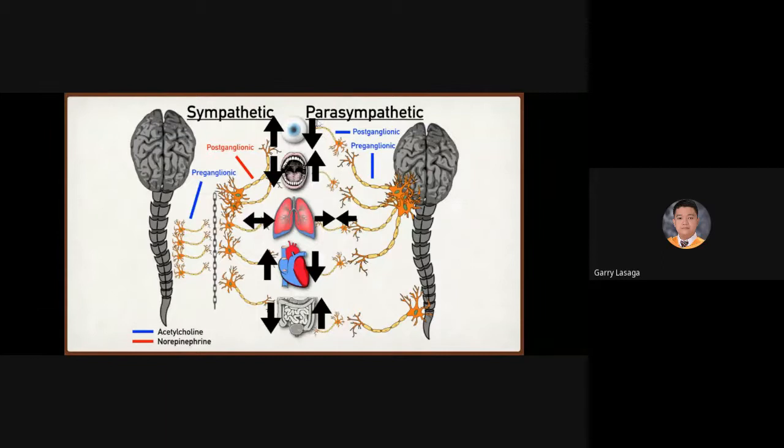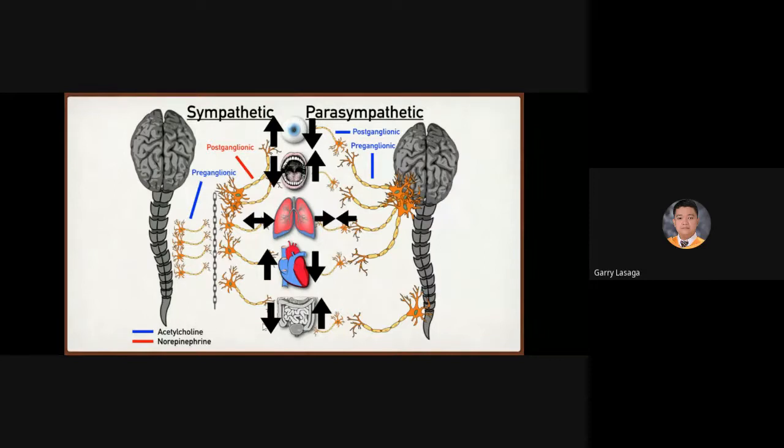So this is the diagram of our sympathetic nervous system. Again, it's composed of the preganglionic nerve and our postganglionic nerve. And the postganglionic nerve will be the one that will be located at the immediate vicinity of our target or effector organ.